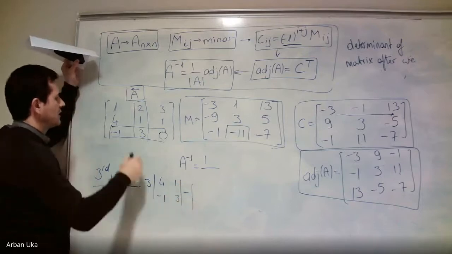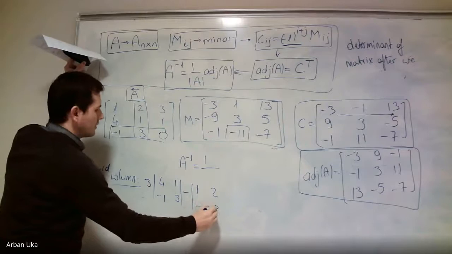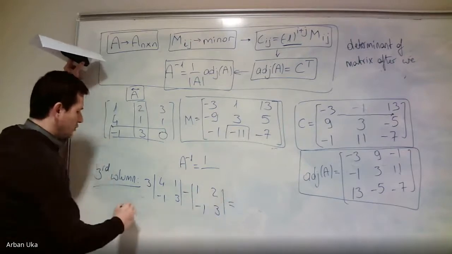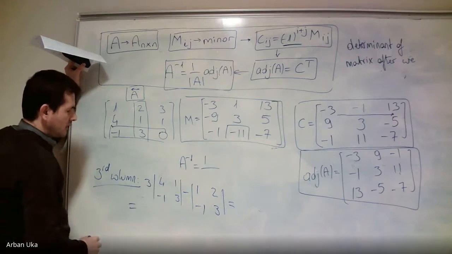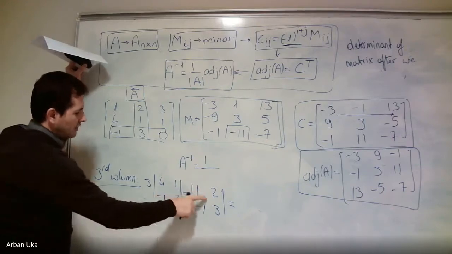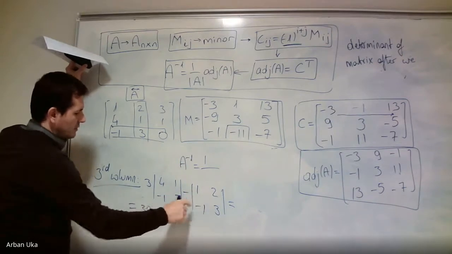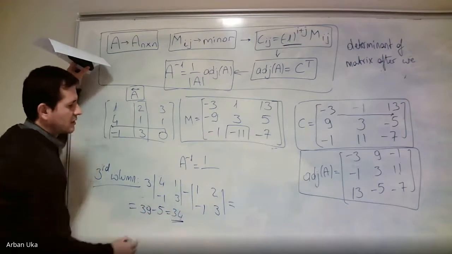Minus minus 1 times 1, 2 minus 1, 3. And this would be equal to 4 times 3, 12, plus 1, 13, times 3, 39. Here we have 3, plus 2, 5, minus 5, this is 34. Okay, the determinant is 34.